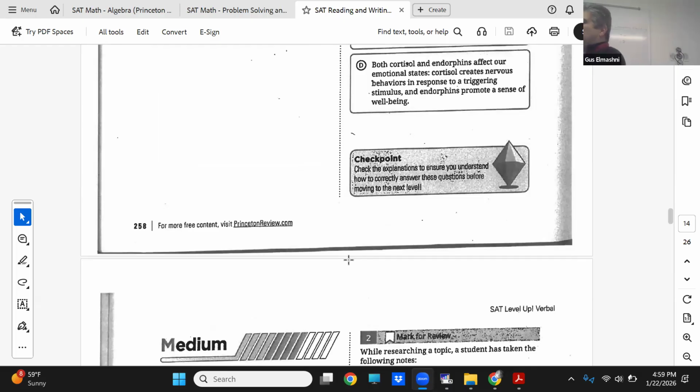First of all, how was the previous one? Was it a lot? Was it too much? I would say this. Of the due packets, do all the easy and do half of the medium, up to number 6. So I'm reducing the homework. You're going to do 1 through 6. We've already done a good portion of this.